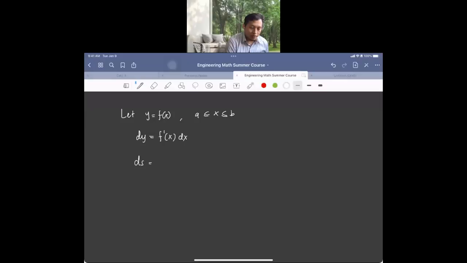And for ds, the first thing is this comes from f prime, so we can write it as the square root of 1 plus f prime of x squared, dx.